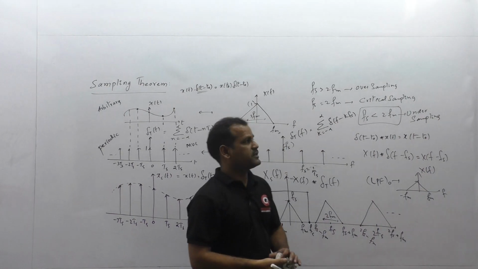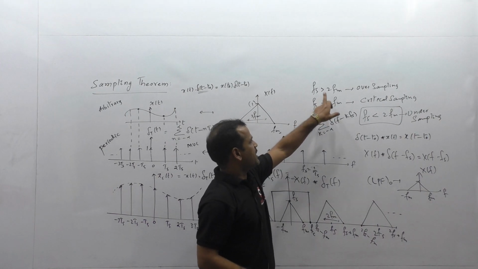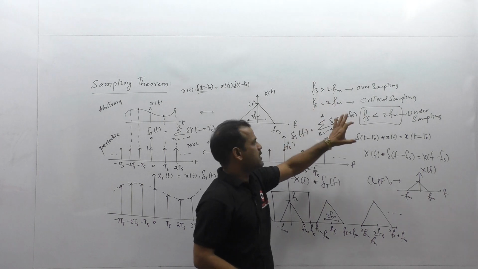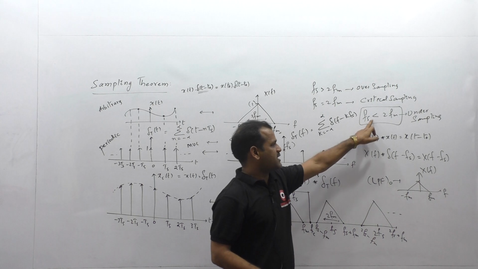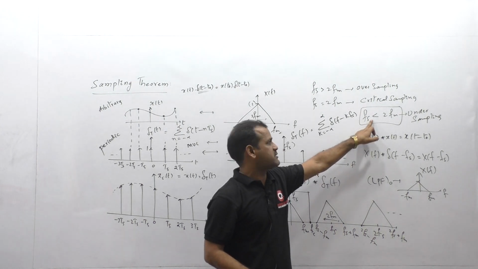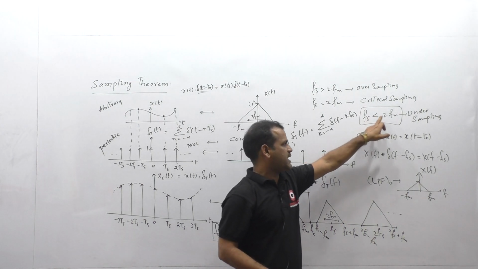As per the Nyquist condition, Fs should be greater than or equal to 2Fm, so oversampling or critical sampling is preferred for the sampling process, but undersampling, where Fs is less than 2Fm, is an invalid condition for the sampling process.